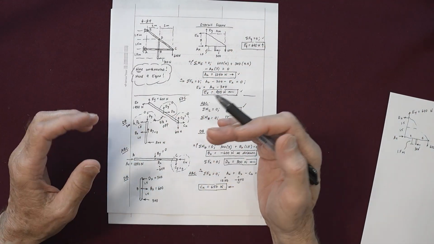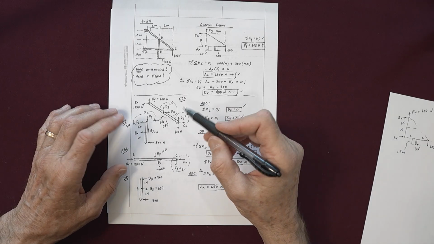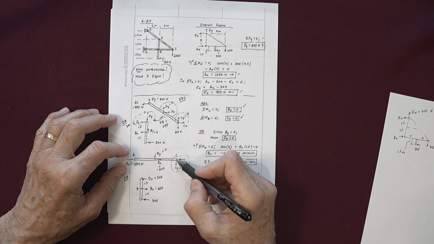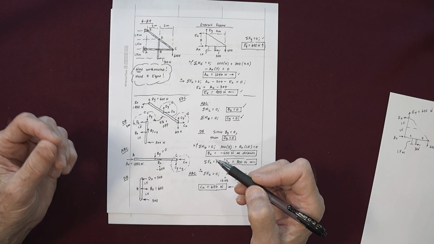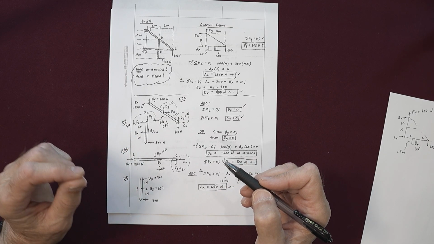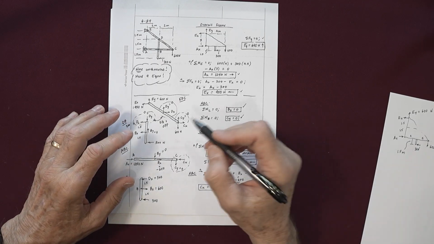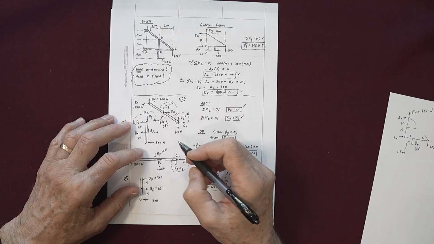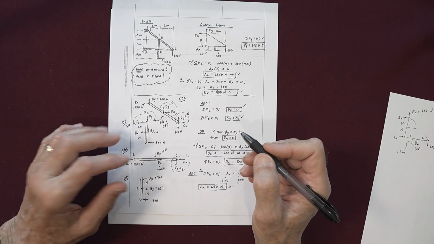But once you take it apart, do you put the 600 on the diagonal, or do you put the 600 on this guy? The answer to that question is you can put it on either or. Just don't put it on both. So just choose. Either put it on this guy or put it here. But don't put it on both.